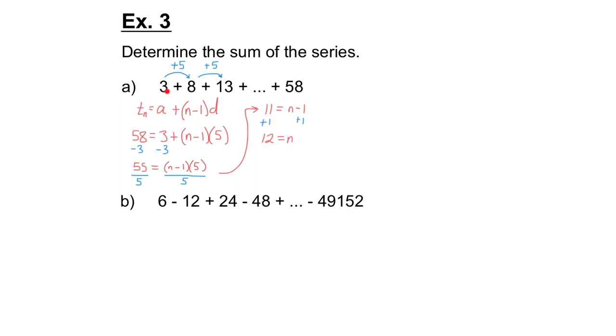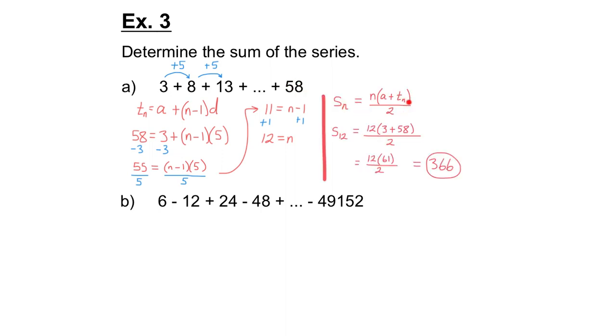I know I'm starting with 3, so A is 3. I know the common difference is 5, so D is 5. I still don't know what the term number is, but I have an equation that I can solve. So I'm going to subtract 3 from both sides, then divide by 5, and then I have to add 1 to isolate n. So I end up with 12. N is 12. This is the 12th term in the series.